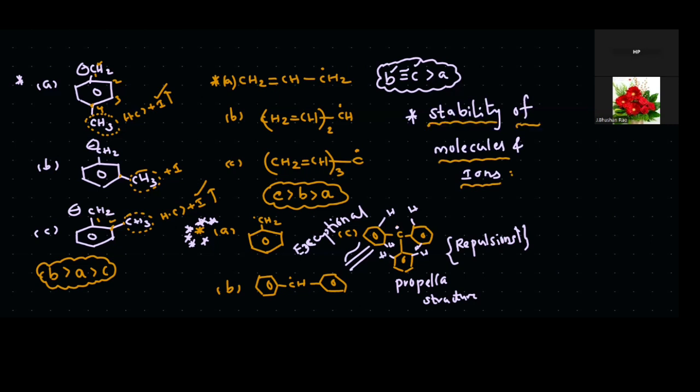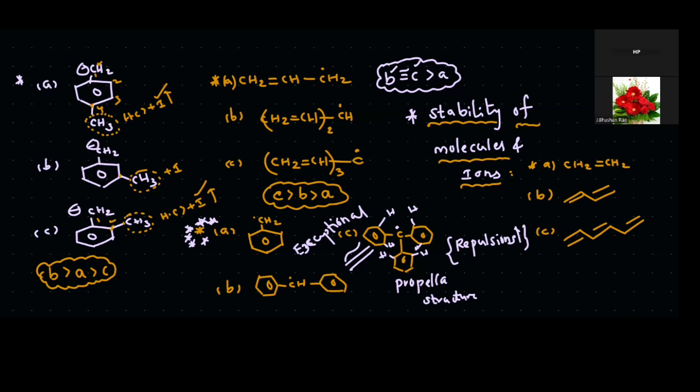So next, an example. CH2 double bond CH2, compound B. This is the other one, 1,3 butadiene. Third one, 1,3,5 hexatriene.